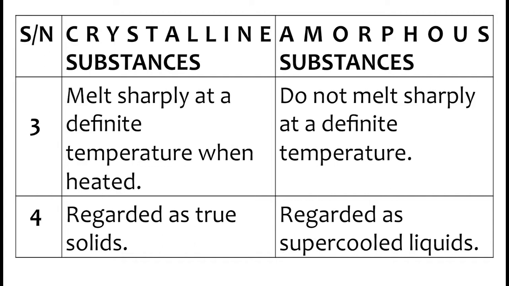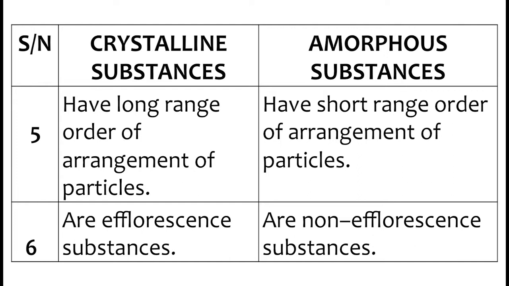Number four, crystalline substances are regarded as true solids, while amorphous substances are regarded as supercooled liquids. Number five, crystalline substances have long-range order of arrangement of particles, while amorphous substances have a short-range order of arrangement of particles.